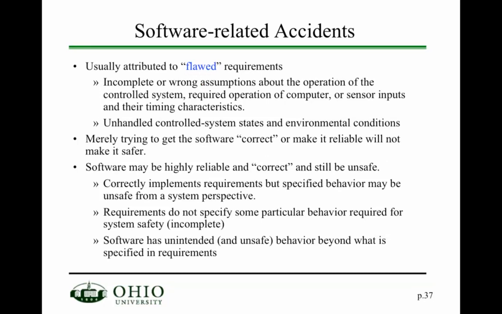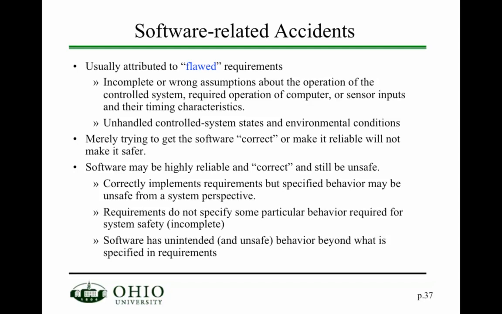There are also a lot of software-related accidents, and these are typically associated with flawed requirements that are incomplete or based on wrong assumptions. Wrong assumptions can be related to the computer performance, the environment, or the operational scenario that this is being used for.